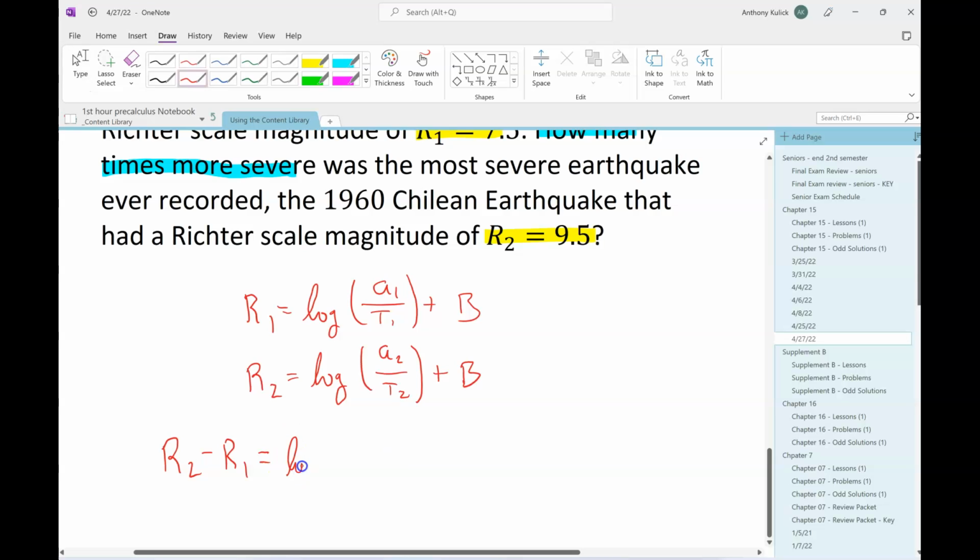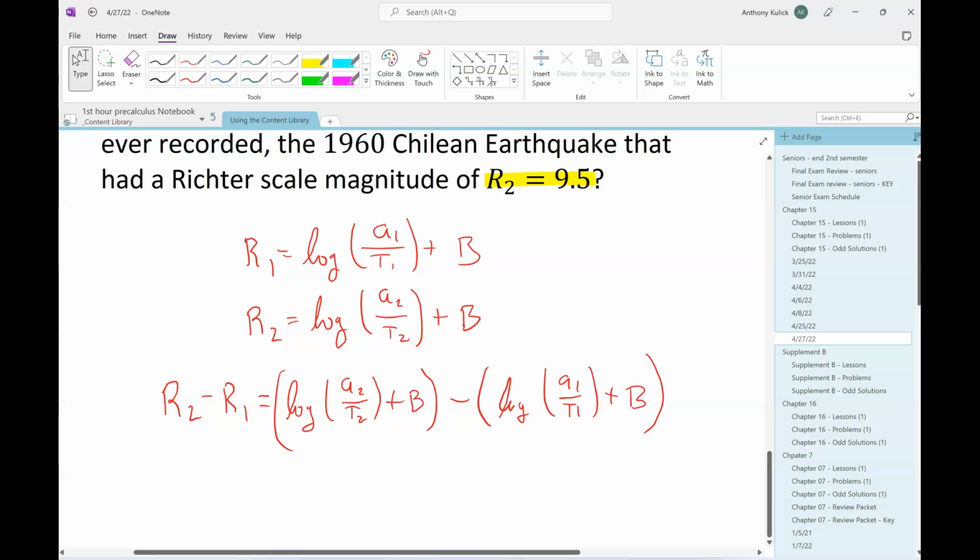So that means that I'm going to have log of A2 over T2 plus B minus log of A1 over T1 plus B. Everybody feel okay there? I basically just subtracted the two equations.